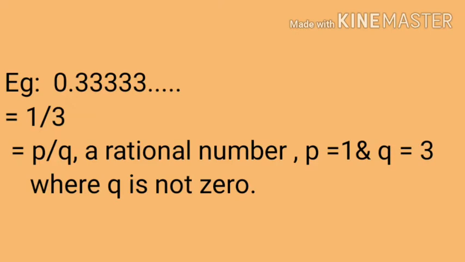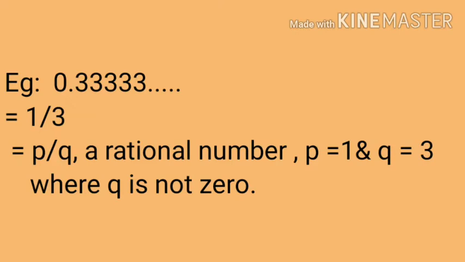To begin with, let me take the non-terminating and repeating decimal 0.3333... Here, if this non-terminating and repeating decimal is converted in the form of p by q, it becomes equal to 1 upon 3, which is equal to p upon q.